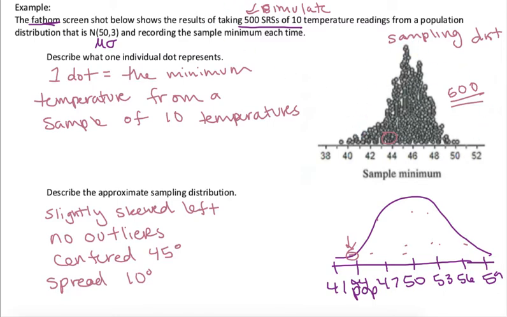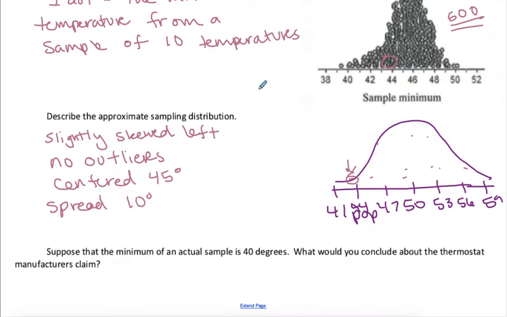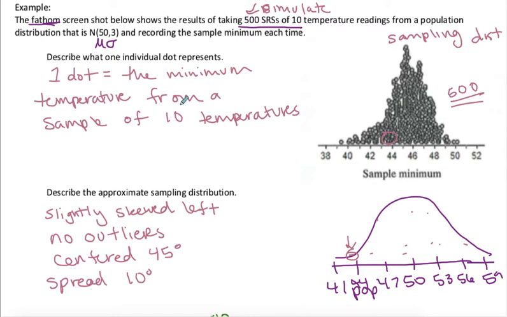So if you are actually measuring and taking 10 here, so you're actually measuring those 10 temperature measurements and finding the minimum. So suppose it was actually 40 degrees. All right, so at 40 degrees, we would be about here. Okay, all of these are the simulation.